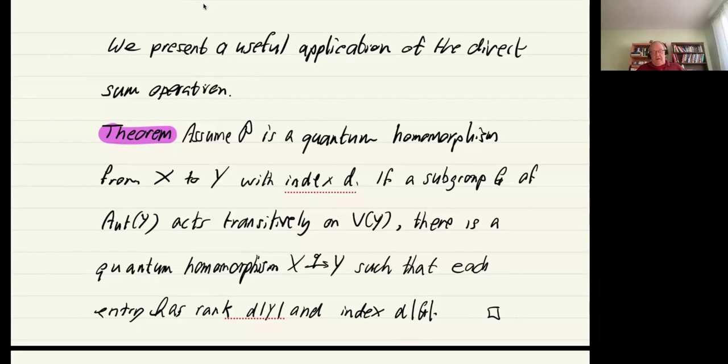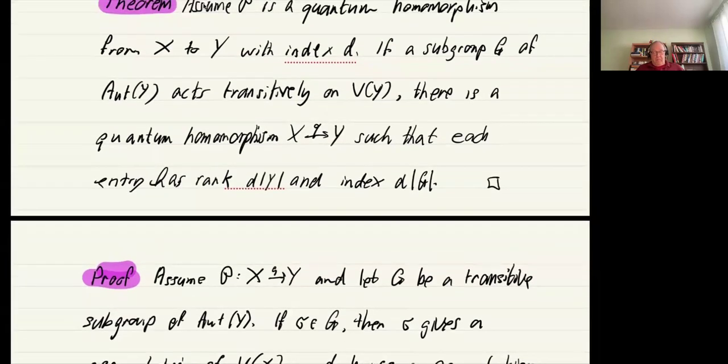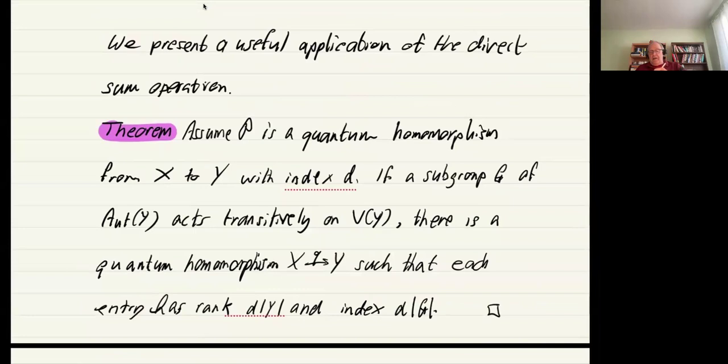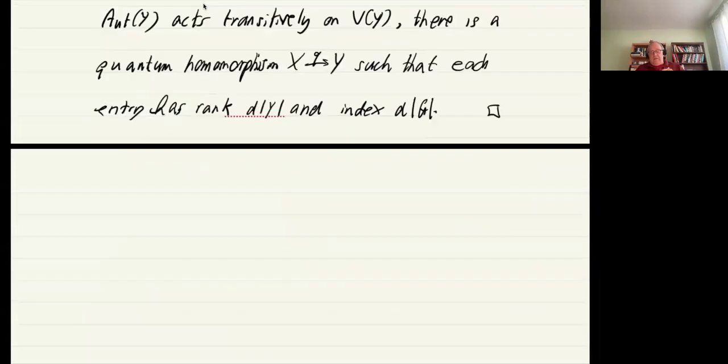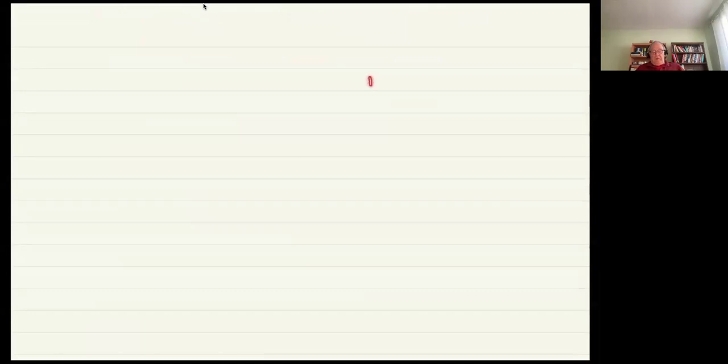Now it's not too hard to see this is a quantum homomorphism. I waste a lot of time trying to get the formula right for the rank and index. But the way to think about this is, let me do it here. I have a quantum homomorphism.